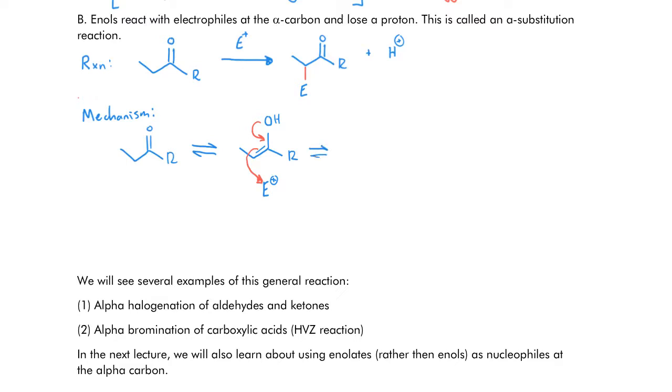This leads to an alpha carbon that is now covalently bonded to that E, but it also has this hydrogen on the oxygen atom. And through loss of a proton, we arrive at the alpha substituted product.